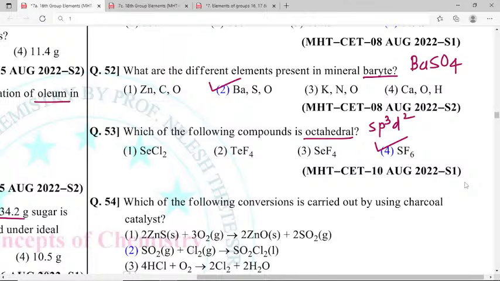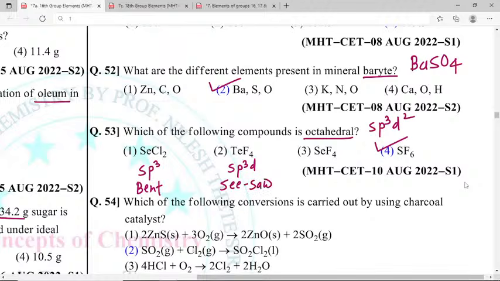This is SeCl2, hybridization sp3. It is bent shape. TeF4 has hybridization sp3d and is seesaw.